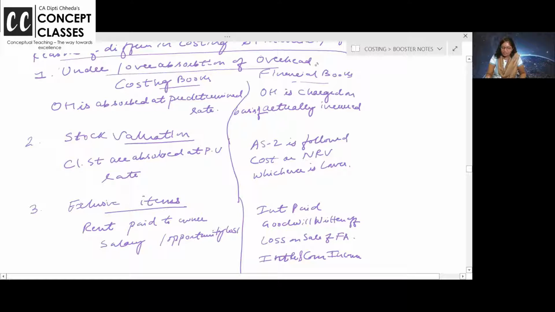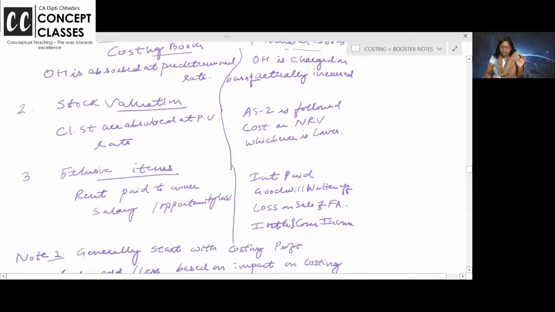So here I am sharing the screen with all of you, our booster notes for the reconciliation. Reasons for difference in cost accounting: under or overvaluation of the overheads. In costing books, overhead is absorbed at a predetermined rate per unit. In financial books, overhead is charged on the actual basis. In costing books, closing stock is valued at per unit rate, as you prepare the cost sheet.